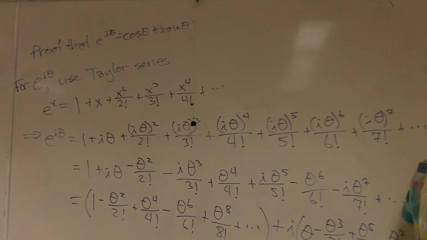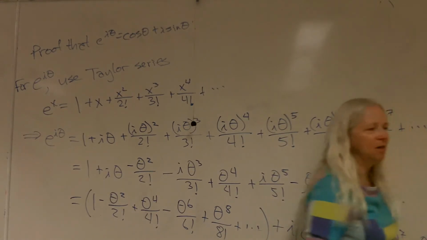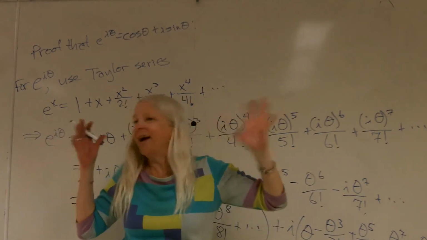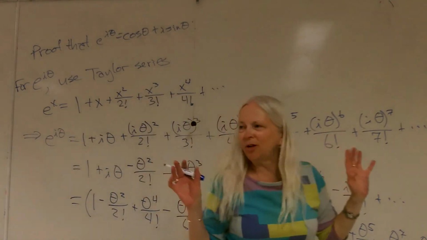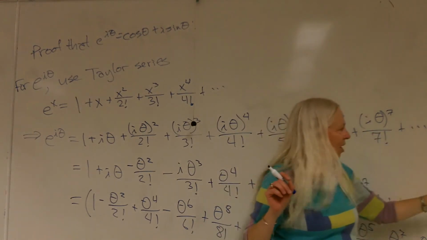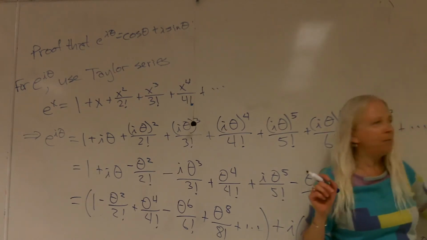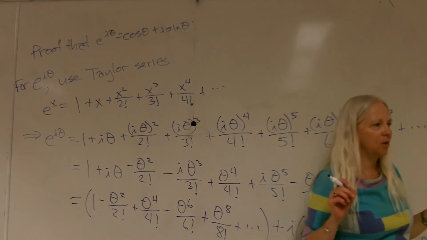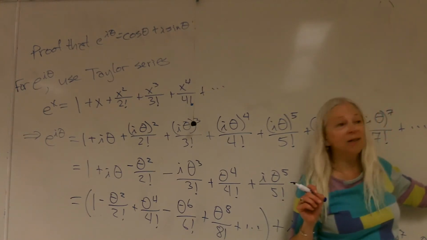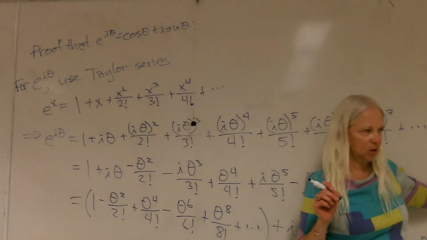I don't care about writing it like that. It's an even function, so you can figure out minus 1 to some power is going to work, but you have to figure out what power it is. I don't want to spend time doing it because I don't really care. I just care about looking at this pattern. But notice the pattern: alternating signs, and again only even powers, and whatever the power is, they have the same number factorial down here. Down here it's the same pattern, except it's only odd powers instead of even powers.